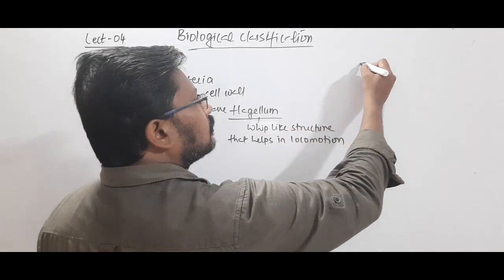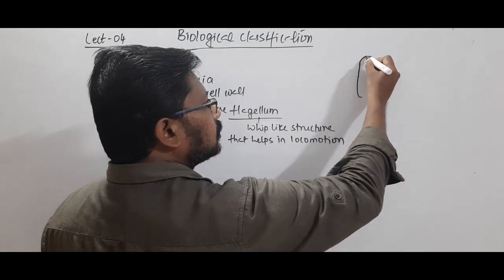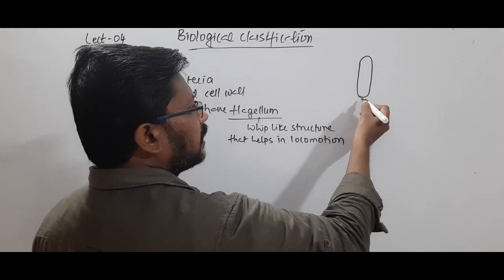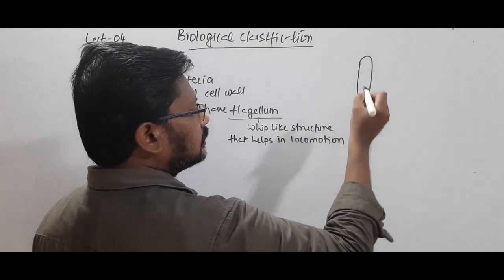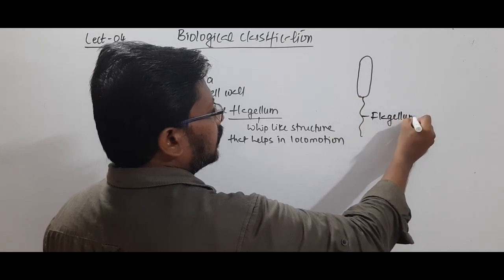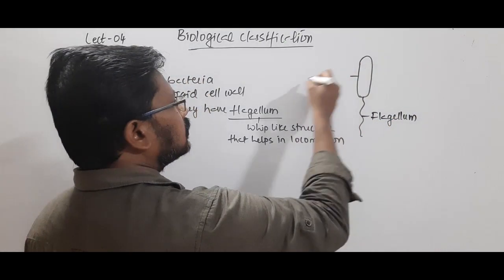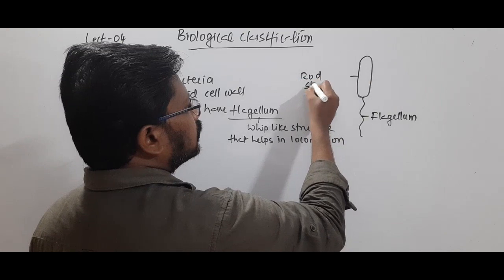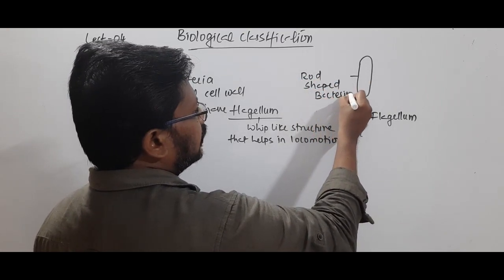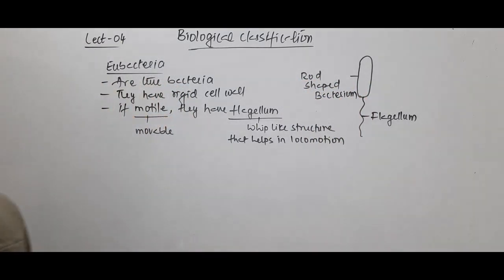In earlier sessions you might have seen a bacterium. Here is a rod-shaped bacterium, and this is the flagellum. So the flagellum will help in locomotion, right?